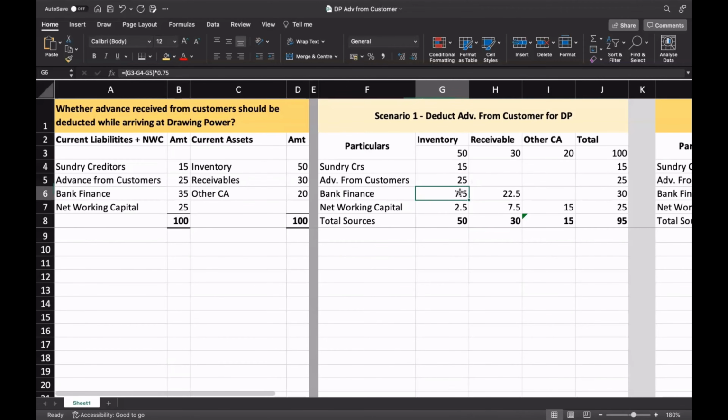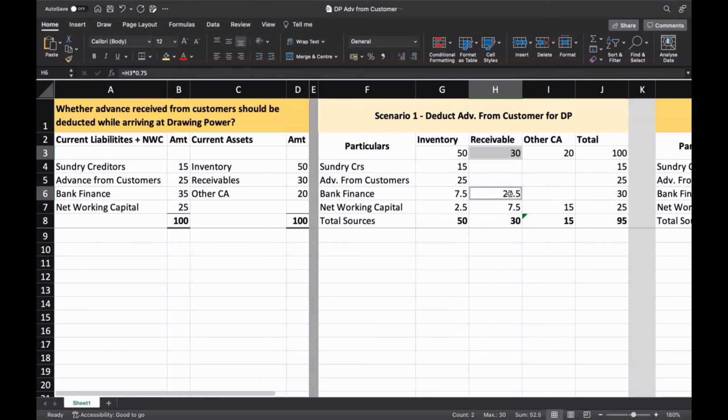If I work that out, look at this calculation. 50 minus 15 minus 25, so it is 50 minus 40, that is 10. On the 10, 75% works out to 7.5. What is the overall bank finance? 35. Out of 35, 7.5 goes towards inventory funding. It means the balance can be considered only for receivables. So what is the available receivable? 30. Of that, 75% works out to 22.5.